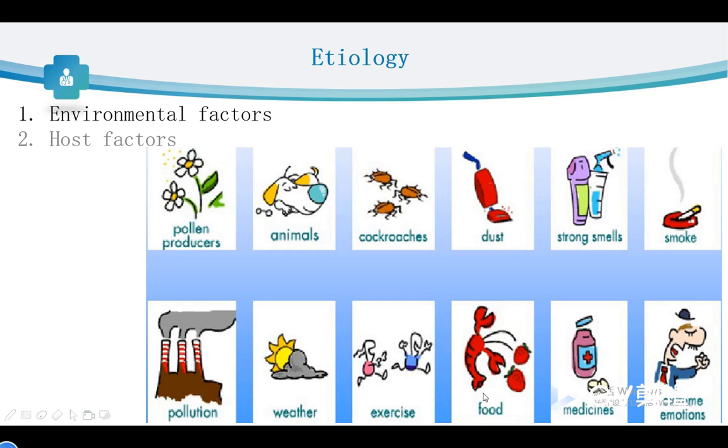Some foods can also take part in the acute episodes of the asthma, and some medicines such as aspirin. And sometimes the weather, exercise, and extreme emotion can also induce the acute episodes of the asthma. That's the environmental factors.